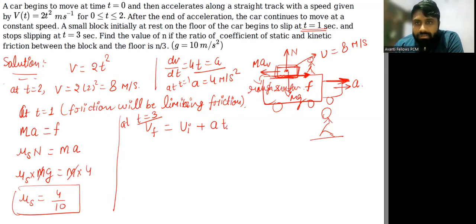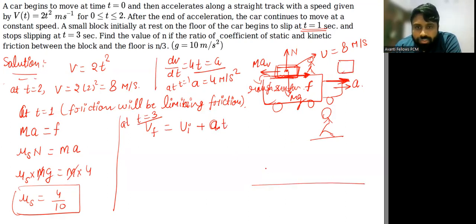Now this time is not from 0 to 3, it is from t is equal to 1 to t is equal to 3 seconds. Got it? Now this acceleration is caused because of the kinetic friction.